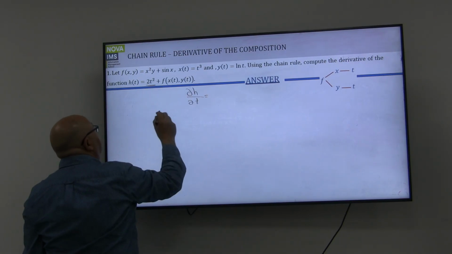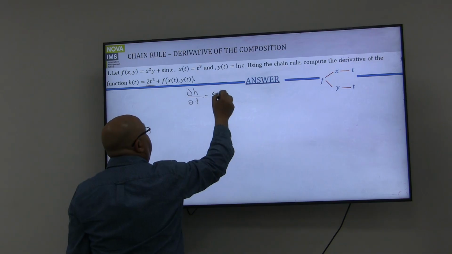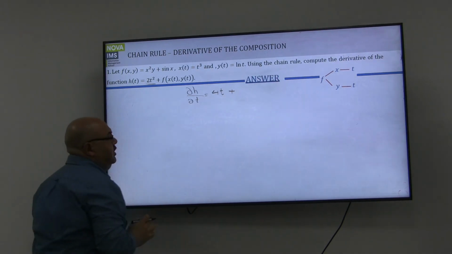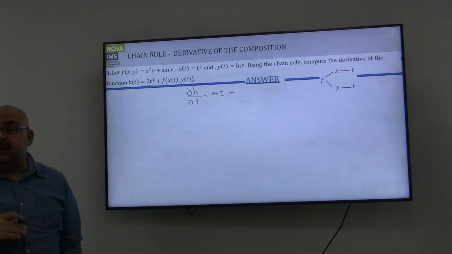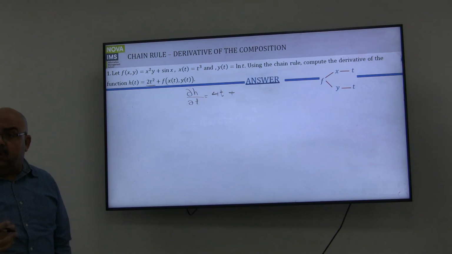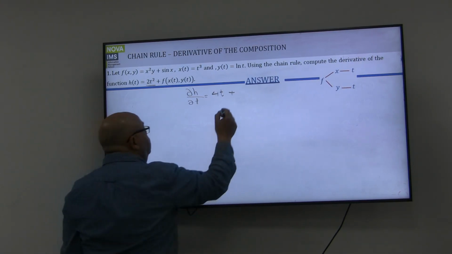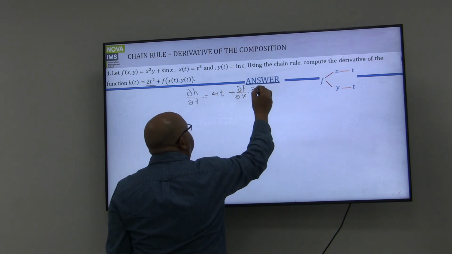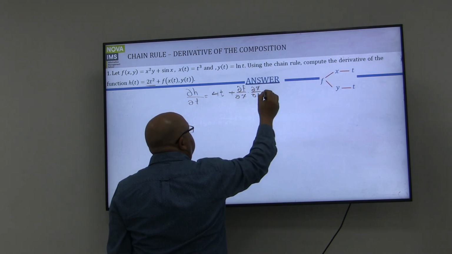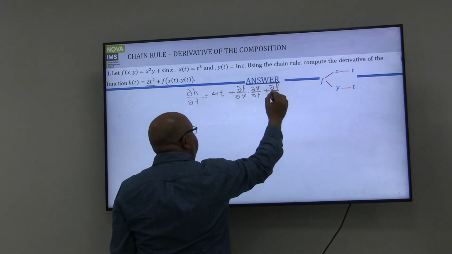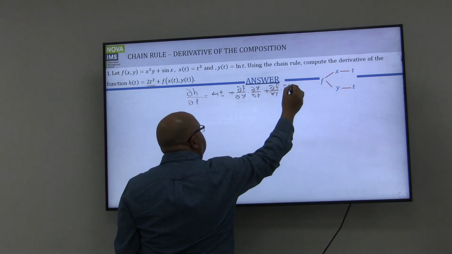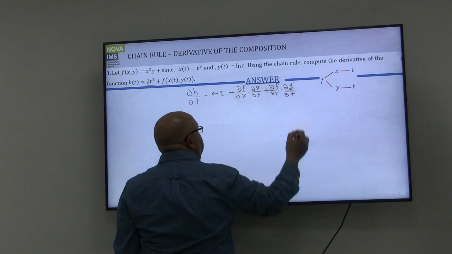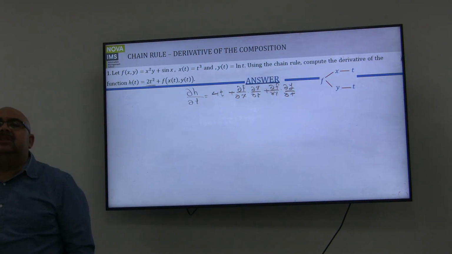This is a clear function in t, which is going to be 4t. This is out of our game. Then I will go to the composite function f of x of t, y of t. So I will do partial f partial x times partial x partial t plus partial f partial y times partial y partial t. This is how it is done.